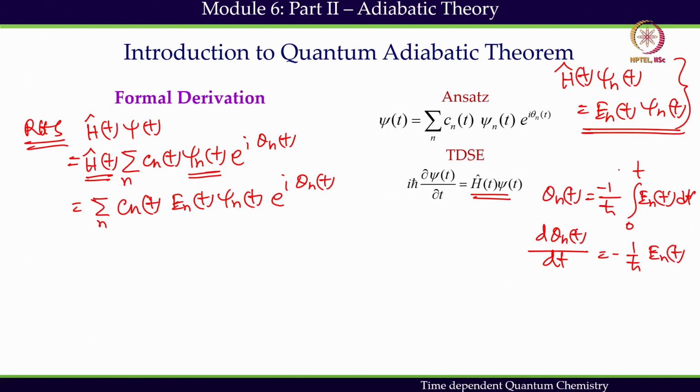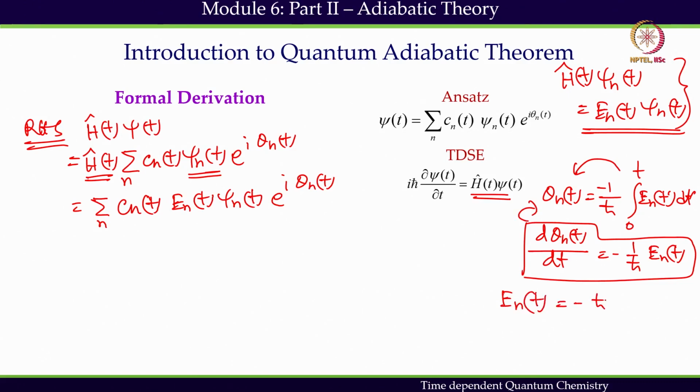So basically the integration is now converted to its derivative form. From this derivative form only we get this integration. Once we get this derivative form, one can write down that this E_n(t) is nothing but minus h cut times the derivative of theta_n(t) with respect to time. So this can be inserted here.